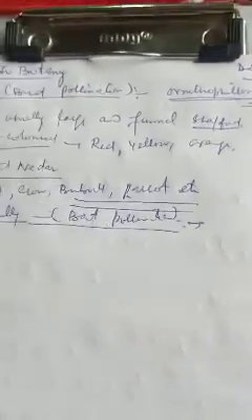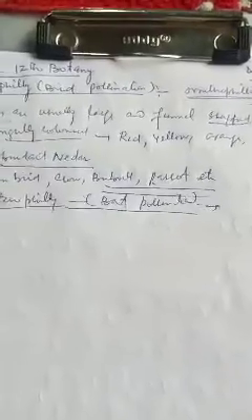The pollination by the agency of bats is called cheiropterophily, or the transfer of pollen grains from the anther to the stigma by the agency of bats is known as cheiropterophily, and such flowers are known as cheiropterophilous flowers. Now these flowers are characterized by the following features.